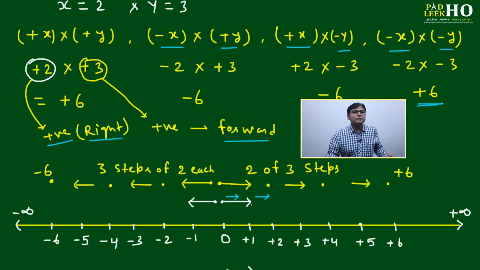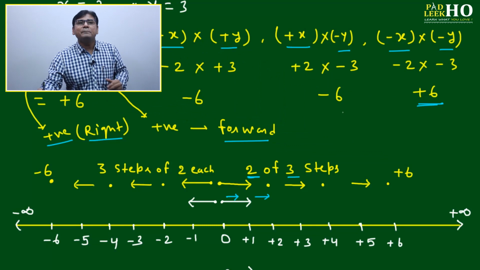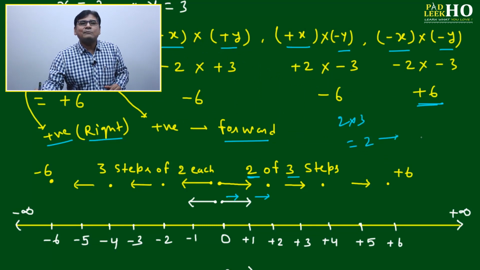Then here, you are going in this direction, correct? Right hand. The second number again is positive, meaning you move in the same direction. Then how will you move? You have to take a count of 3 steps of 2. That is the meaning of multiplication. If you write 2 into 3, what are we doing? 2 three times. That is the only meaning.